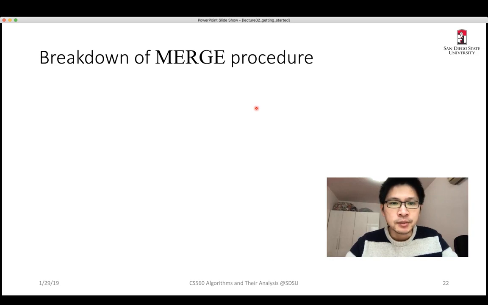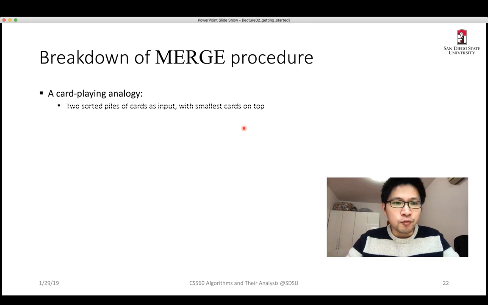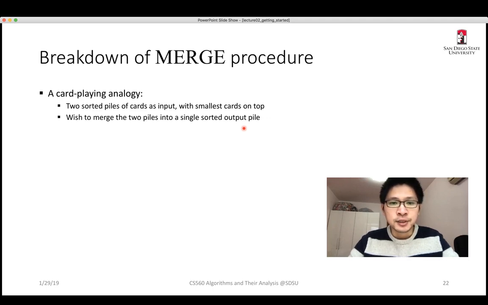Before we see the implementation of the merge procedure, let's take a look at what this procedure does using the playing cards analogy that we used before. Imagine we have 2 already sorted piles of cards as inputs, each with the smallest card on top. We wish to merge the 2 piles into a single sorted output pile.